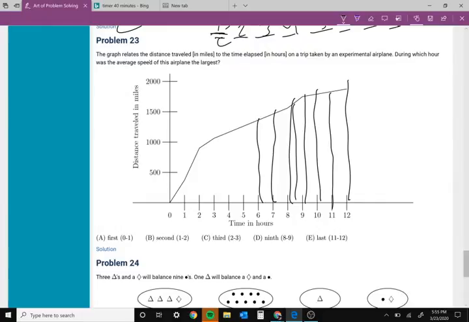Average speed, right? Distance traveled in miles. Okay, so we need to find the place where the largest incline happened, because this is the total distance traveled. They didn't write that, but it is, because it's one trip.